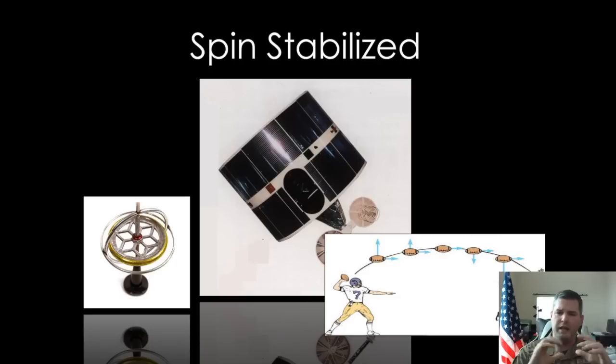It's going to allow it to stay in a preferred orientation, similar to how the football remains pointed in the right direction when it's spun as it's released. It's the same type of idea, just applied to large objects in space.